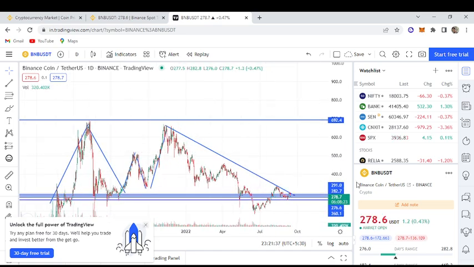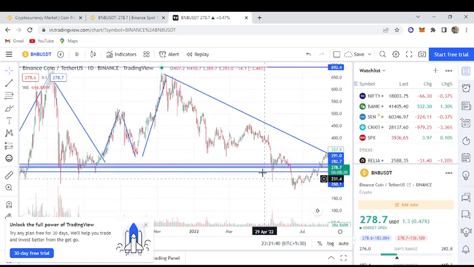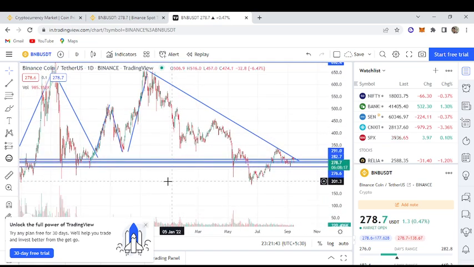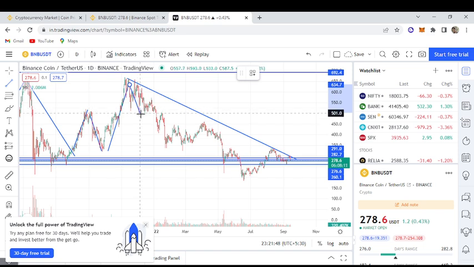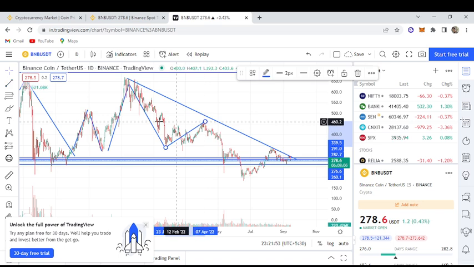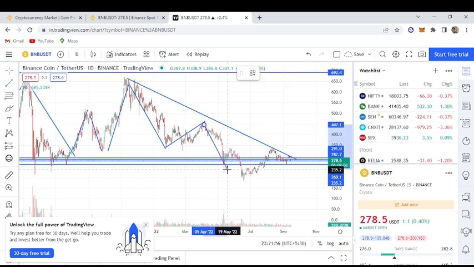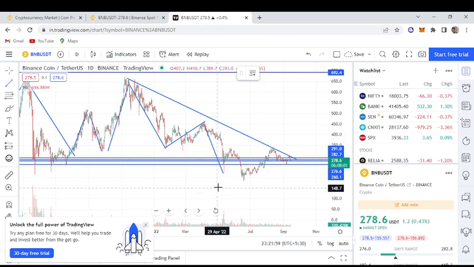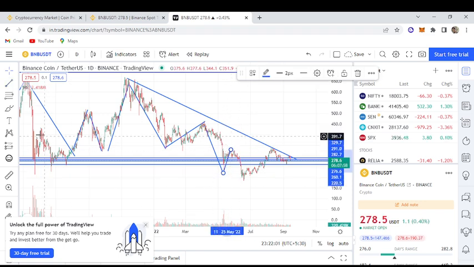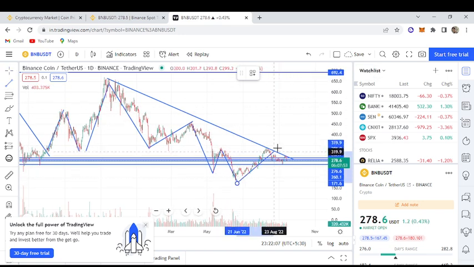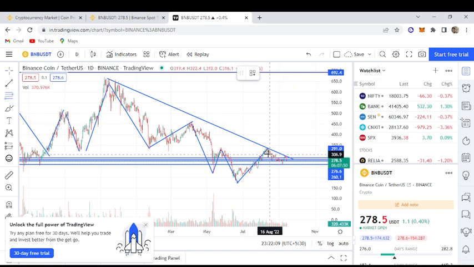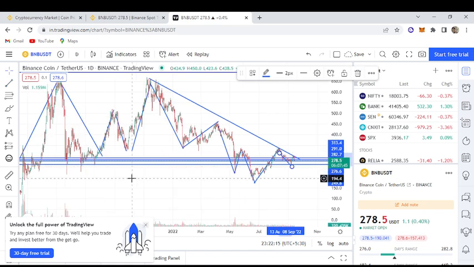So it was not able to break that, and we're currently in a bearish zone, where you can easily see, if we draw some trend lines from higher high, lower low, to higher high, again lower low, again higher high, some lower low, higher high, and low. So that's kind of how the trend line looks.